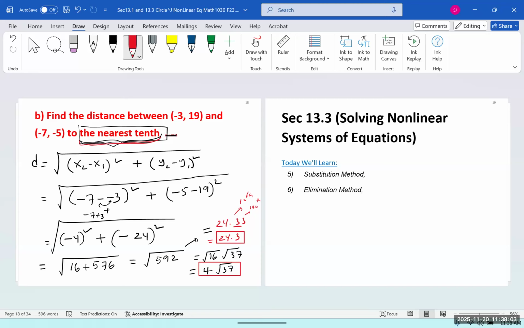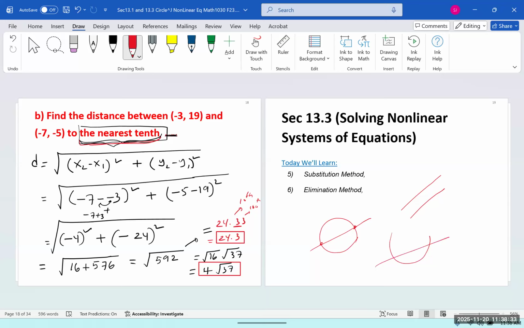But anyway, the main goal here is to solve systems of equations. These systems of equations could be linear, could be nonlinear. Linear means two lines, and nonlinear means many other types of functions. For example, you may have a circle and a line, and they ask you to find the solution, meaning where they intersect. Or they may give you a parabola and a line.